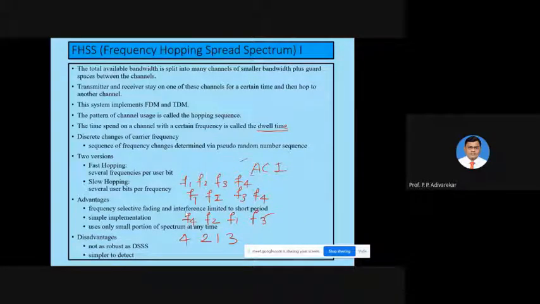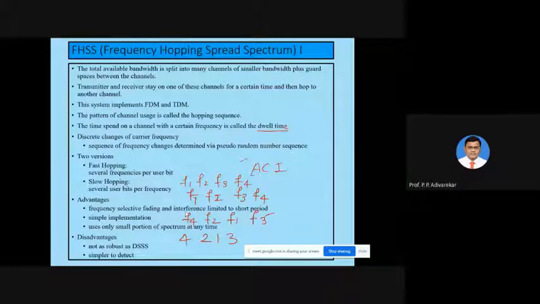Again, I am repeating, in fast hopping, a single user bit, that is a data bit, stays on a number of frequency channels. That means several frequencies per user bit. Suppose 0 is my input, so 0 may stay on 3 different frequencies.